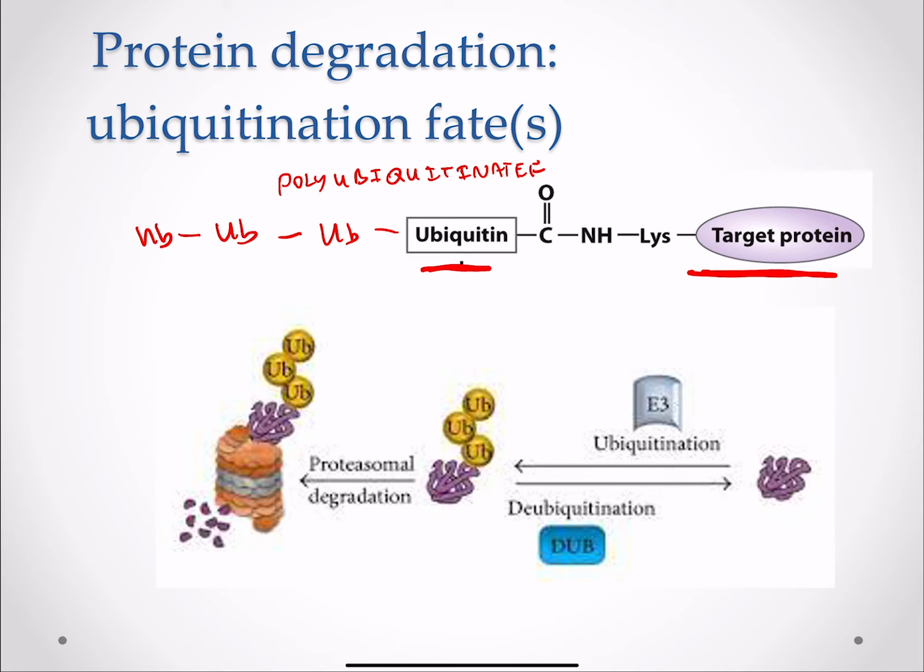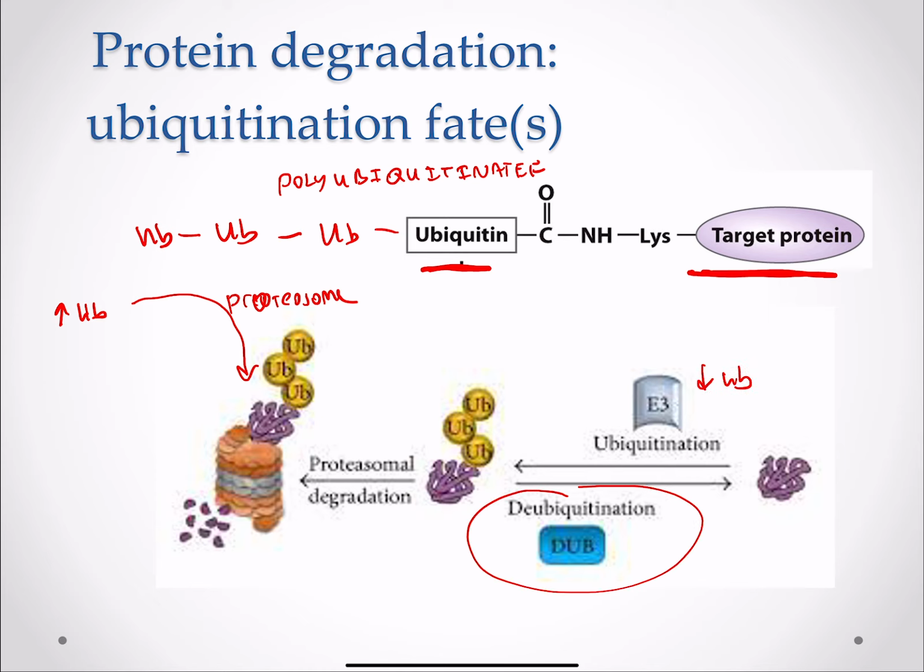Now, the more ubiquitin, the more likely you're going to feed through the proteasome. The less ubiquitin, the more likely you're going to get deubiquitination. And so the process of whether a protein is actually going to be targeted for degradation or is simply going to be modulated and regulated is going to be based on the amount of ubiquitin that's actually added.